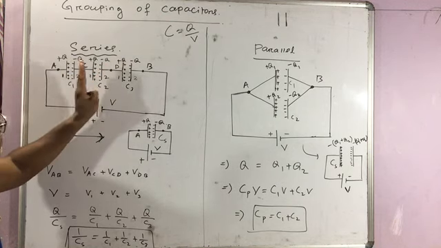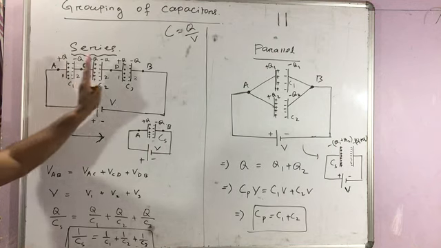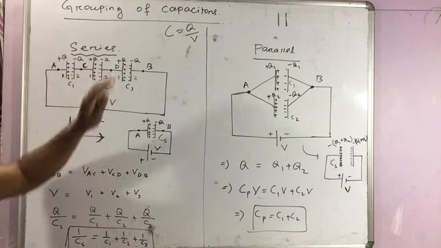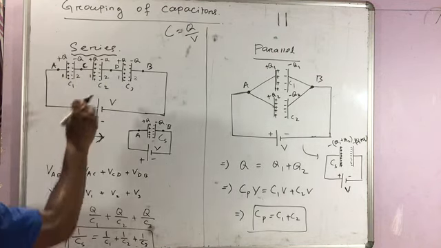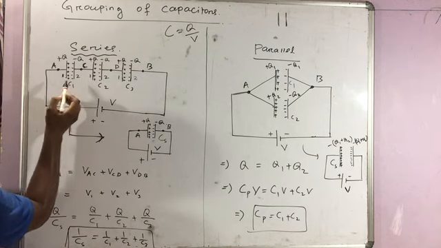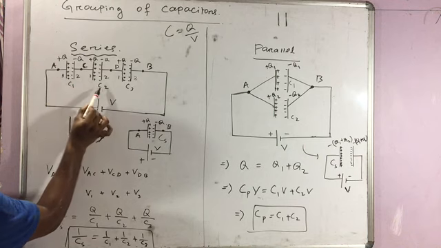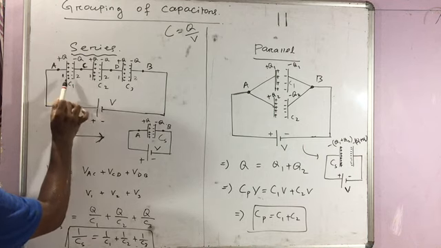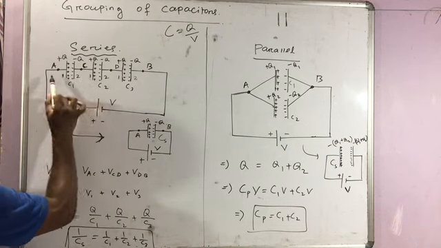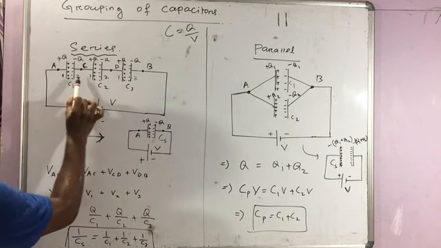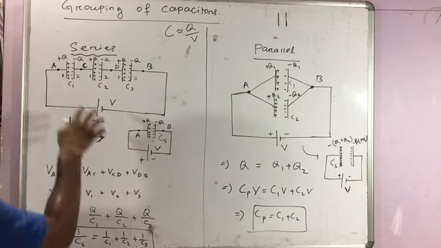Because of that reason, all the capacitors have equal charge in a series connection. One more thing we can say: consider this plate to be the first plate of C1, then the second plate, then C2's first plate, second plate. Why? Because for the first plates we took all the positively charged plates, and the second plates are all negatively charged plates, and they are interconnected.